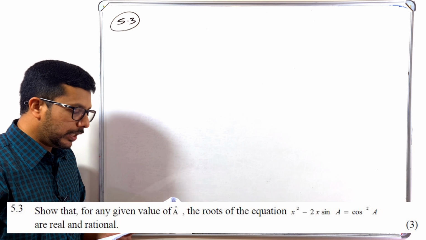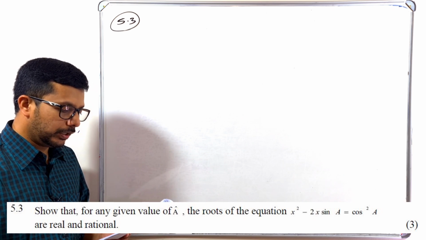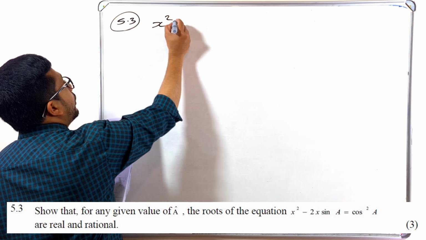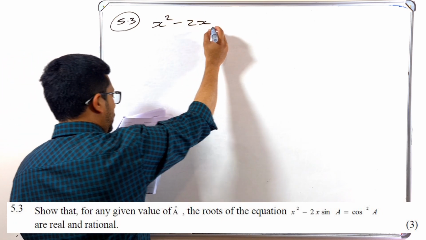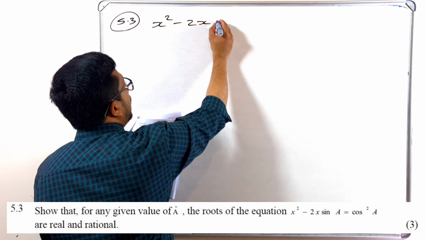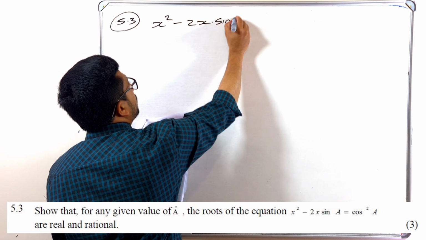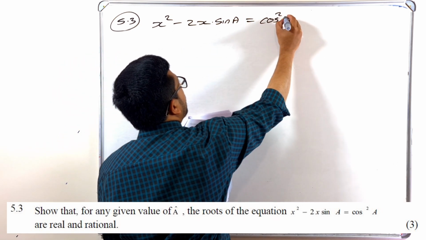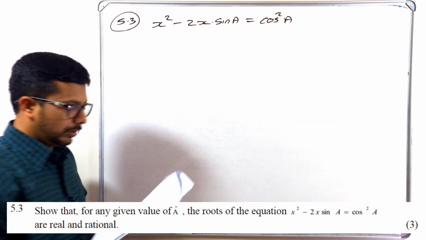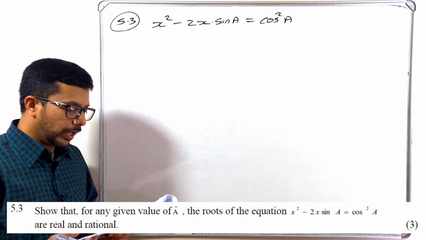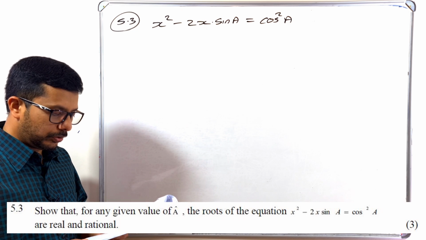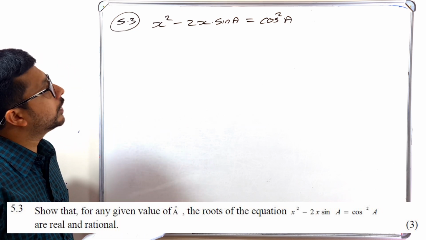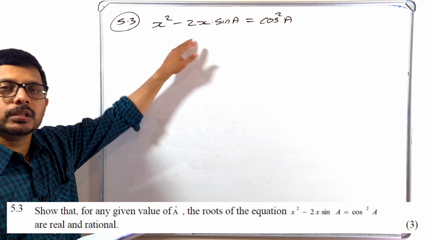Show that for any given value of a, the roots of the equation x square minus 2x sin a is equal to cos square a are real and rational.